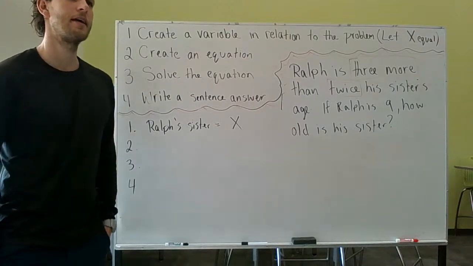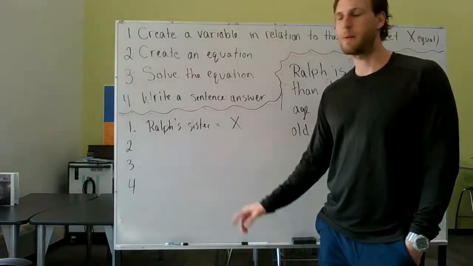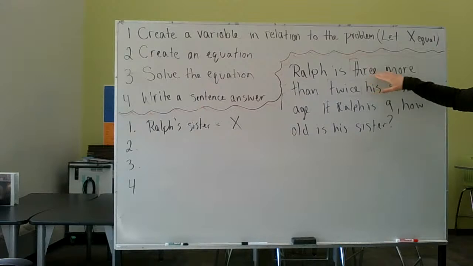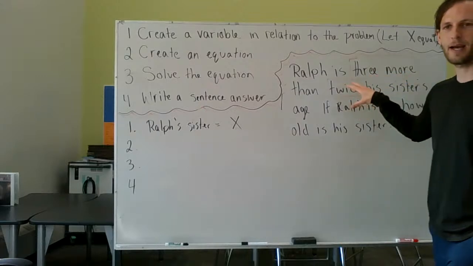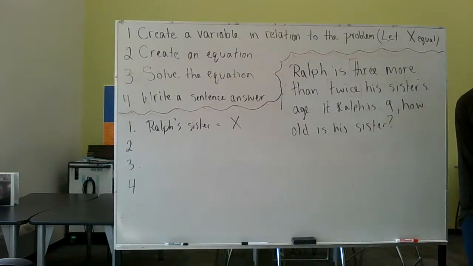Oh, nice. I'm seeing some good things here. Some of you are putting +3 before twice. We want to actually rearrange it so the multiplication piece comes first. It'll just help with the organization.